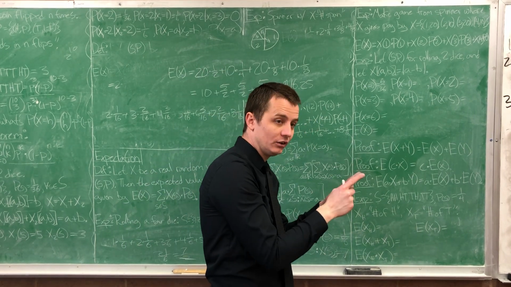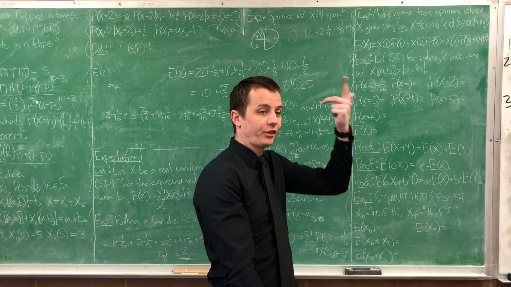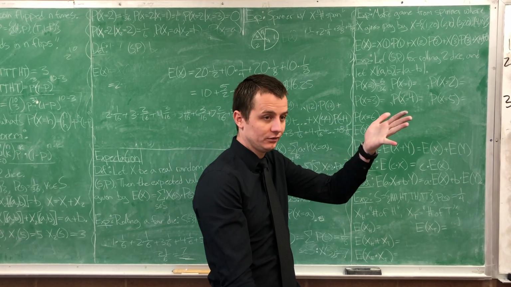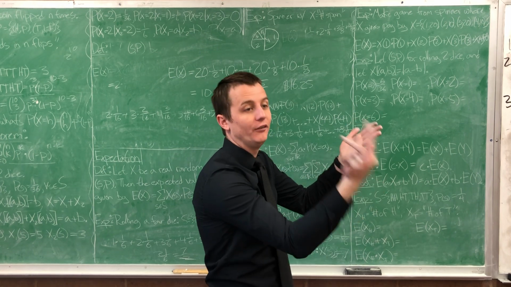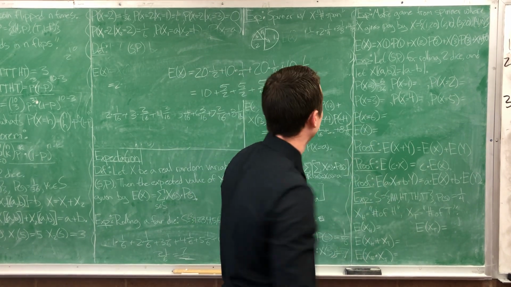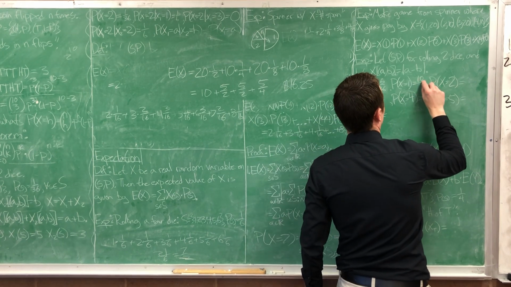I can do a 1 and a 2, a 2 and a 3, a 3 and a 4, a 4 and a 5, a 5 and a 6. Or a 2 and a 1, a 3 and a 2, a 4 and a 3, a 5 and a 4, a 6 and a 5. So there's 10 out of the 36 ways here.